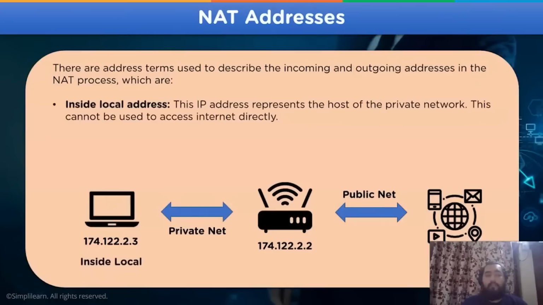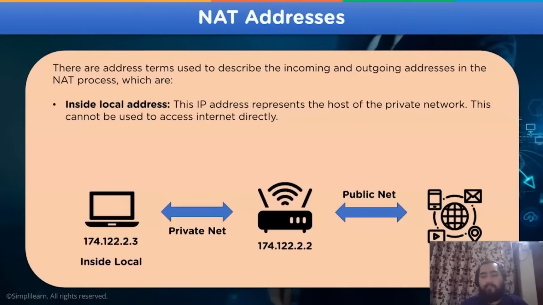The first term that is used is known as the inside local address. This IP address represents the host of the private network, and it cannot access the internet directly unless provided by an ISP server. After we have the inside local address, through the private network, we share it with the router.